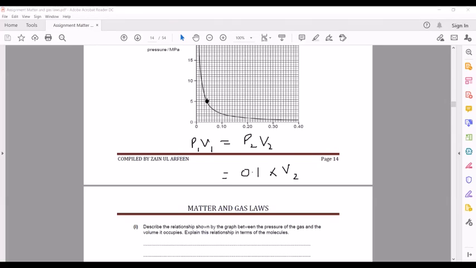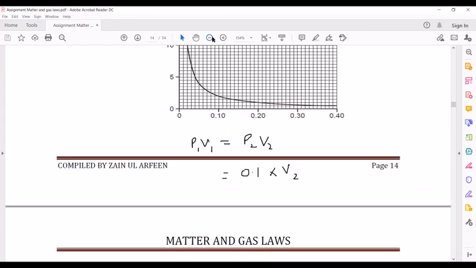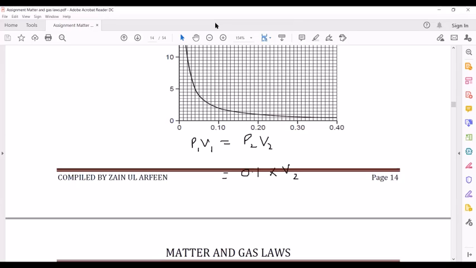So this pressure, I will call that P1. Any point, it's not necessary. I can take this point as well. If I took this point, that's P1, and the relative volume will be V1.